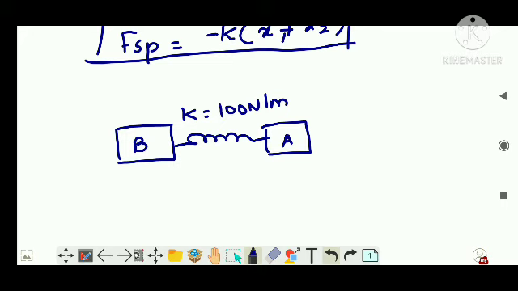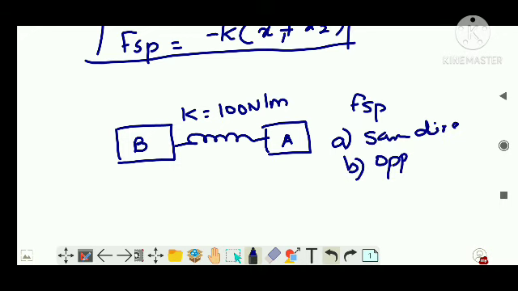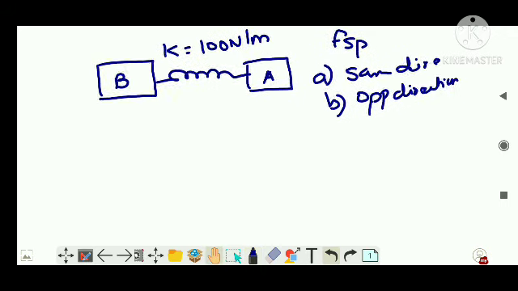You are asked what the spring force is in two conditions, because we are going to displace both blocks by 1 meter each. First, when they are displaced in the same direction, and second, in the opposite direction. So I'll tell you how to do it. We'll draw the diagram.